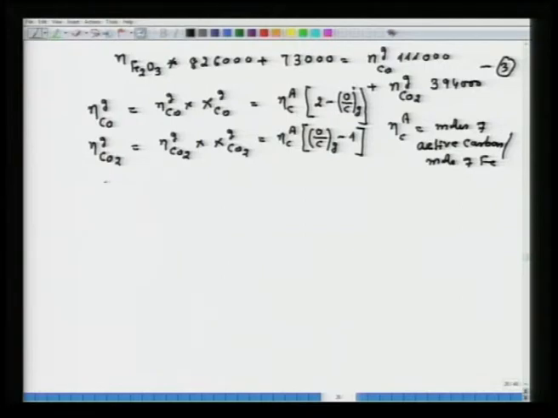Now, we know that NFe2O3 is equal to half. To produce 1 mole of iron, you need half mole of NFe2O3.